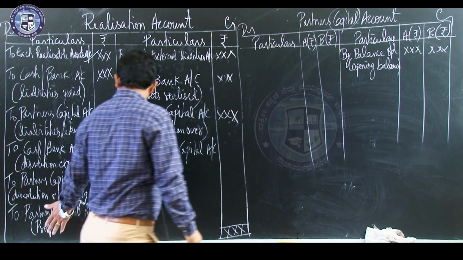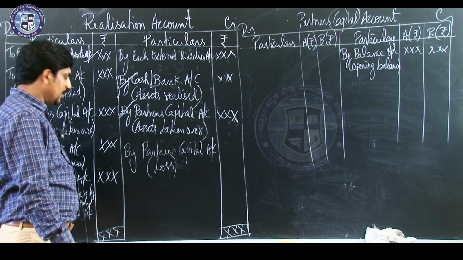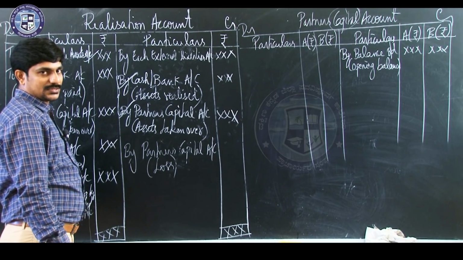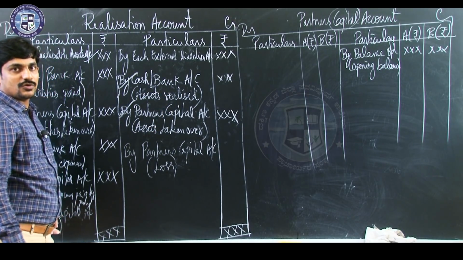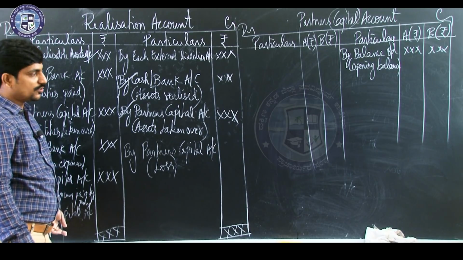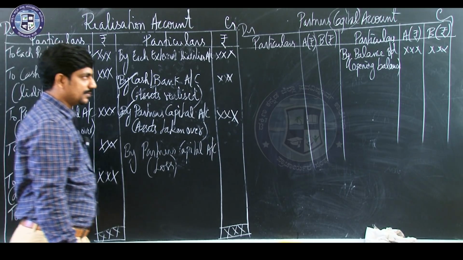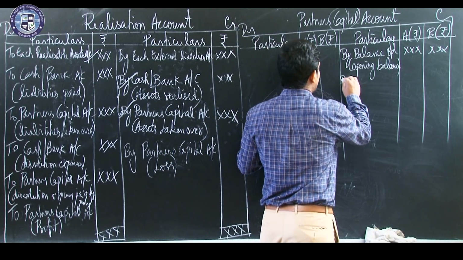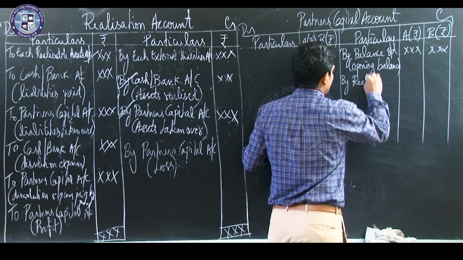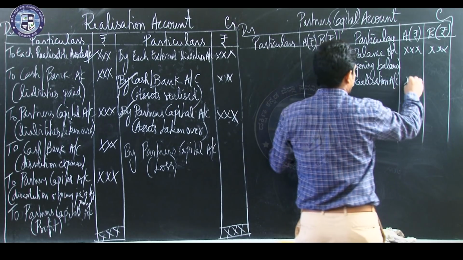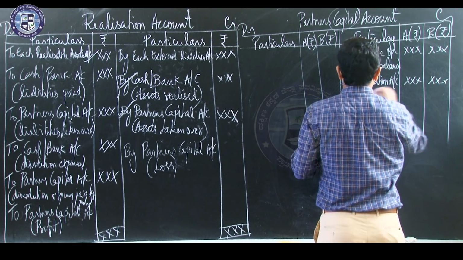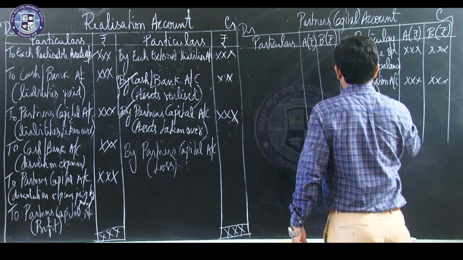If it is a profit, which side did you record it on here? Debit side, to partners' capital account. Now, when you are transferring to partners' capital, which side will it go? It will go to the opposite side, that is the credit side, by realization account, that is profit on realization.